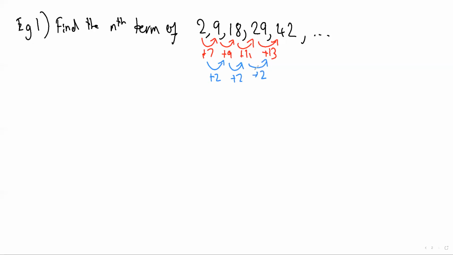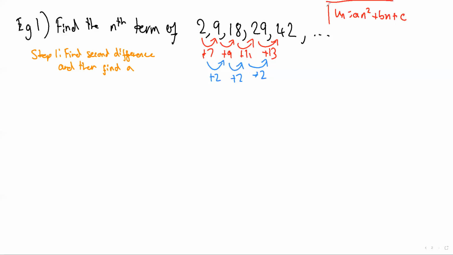Then what we want to do is find the second difference. If I had to put it into steps, step 1 would be to find the second difference, and then find A. But how do we find A? Just bear in mind that when I talk about A, I mean, when we have sequences in this form, A is this value here.